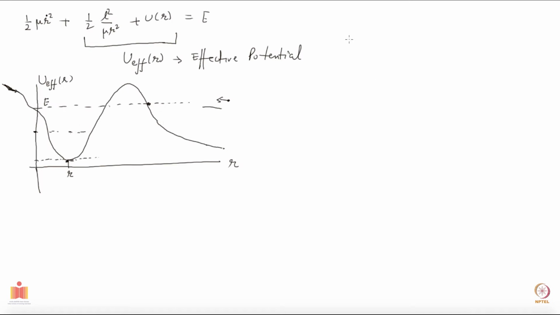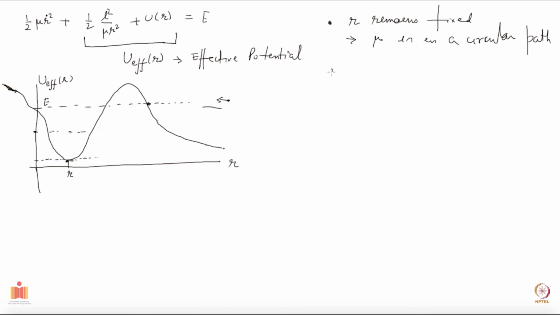So let me write down. One possibility is that r remains fixed, which would mean that mu is in a circular orbit, in a circular path.